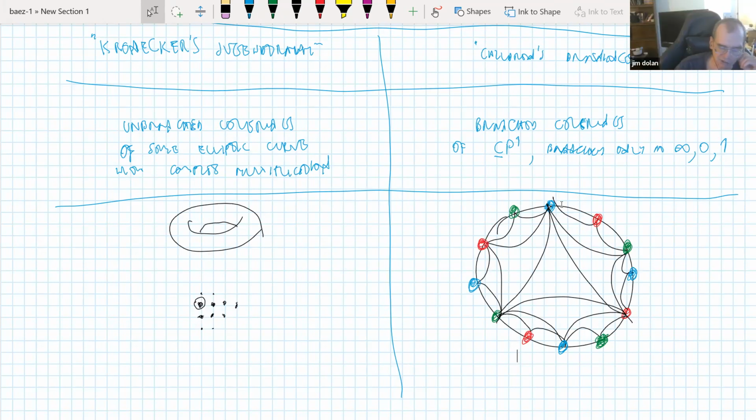Whereas over on the right side of the screen, what we have is the picture. The picture is a picture of the free group on two generators in some sense, only we're supposed to think about the universal profinite completion instead.